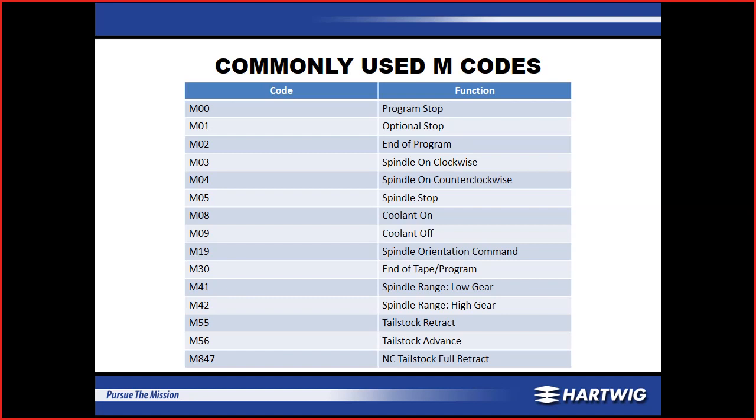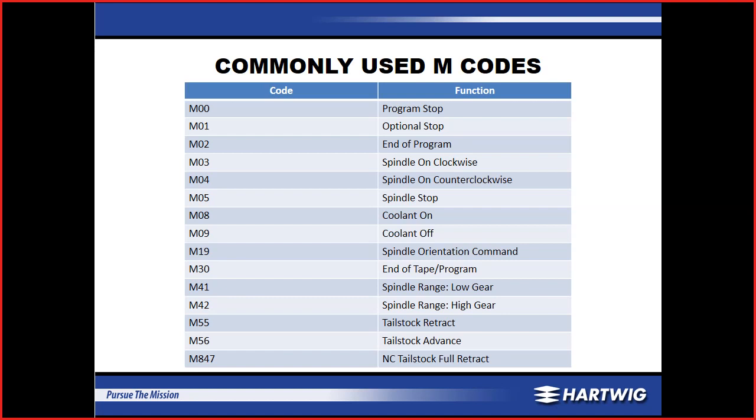M30 is also acceptable for ending the program in an Okuma, but what you'll see more often than not on an M code table for the Okuma machine tool, M30 will be called end of tape. M41 and 42 will define our gear range. And then we can command our tailstock advance and retract with M55 and 56.